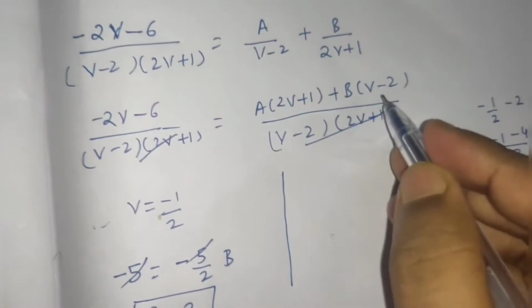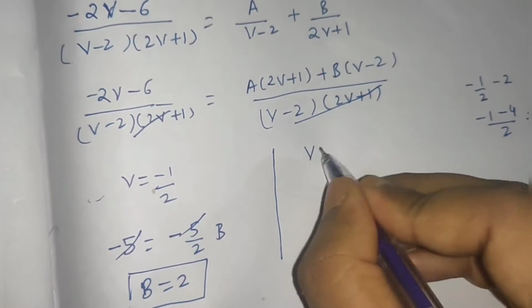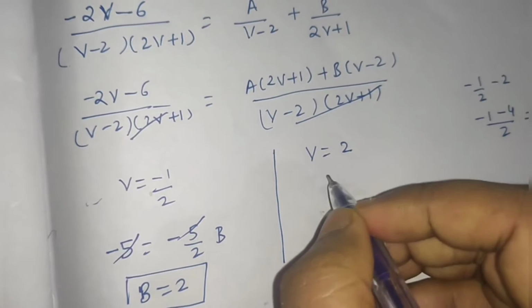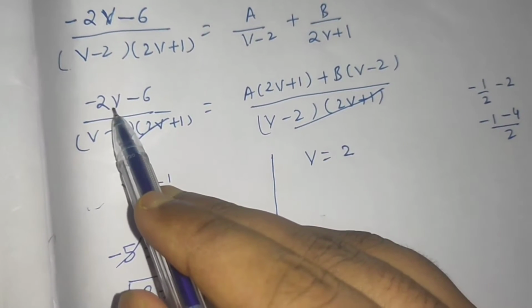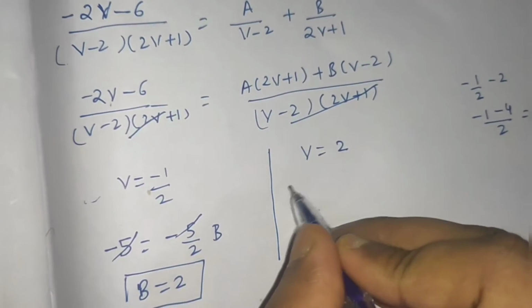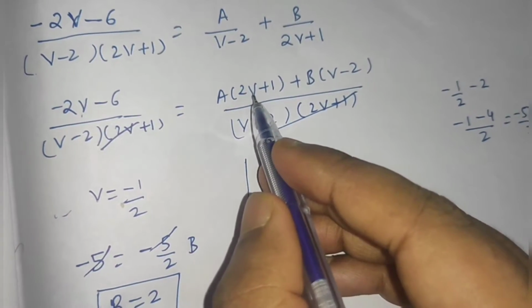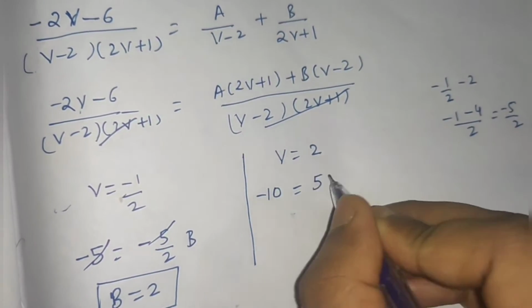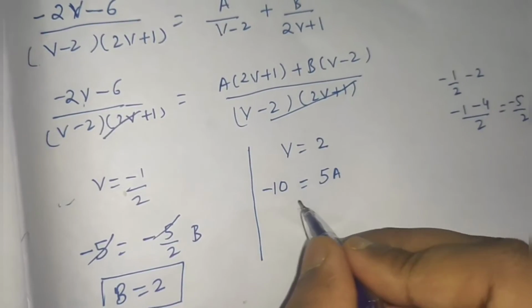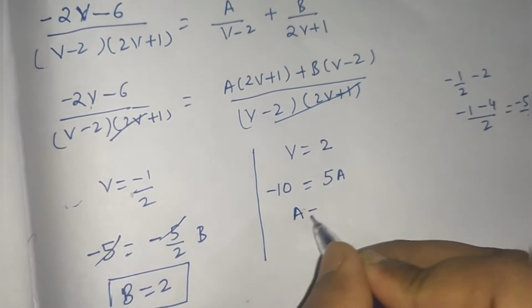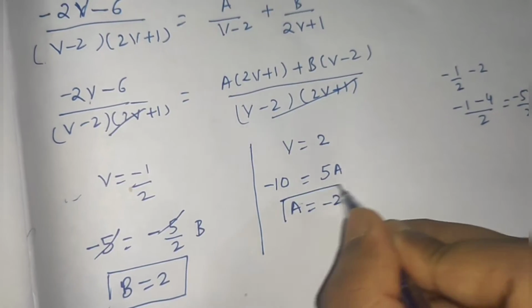Now once we put the value of v as 2, this will become minus 4 minus 6, which is minus 10, equals, when you put 2 here, 4 1 plus 1 5a, and this vanishes. So a equals minus 2 in this case.